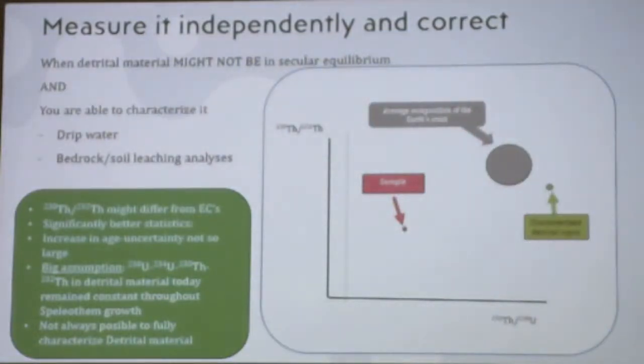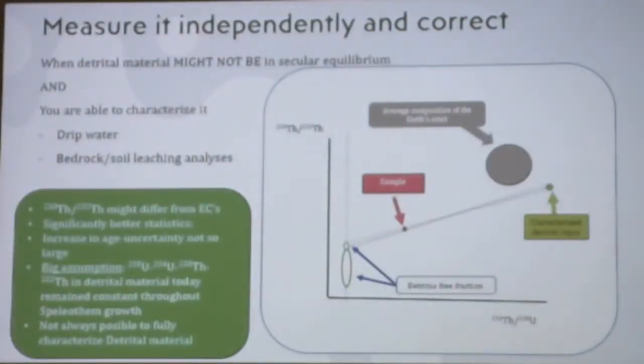And actually, the way it works is, now this is not working, but we have a very precise characterization of the detrital composition. And because it's very precise, what used to be something like this is now more correct. It'll provide a more correct composition, with a significantly better uncertainty.